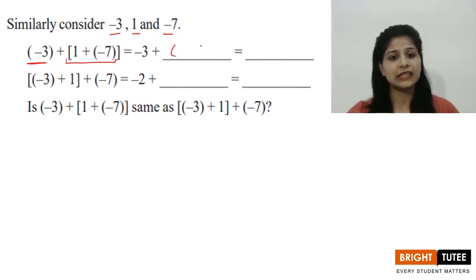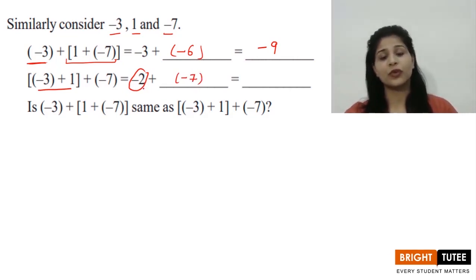What is the answer that we get? Minus 6. Now, minus 3 minus 6 will give us minus 9. Similarly, solving the second part, minus 3 plus 1 will give us minus 2, and then we have minus 7, minus 2 and minus 7.